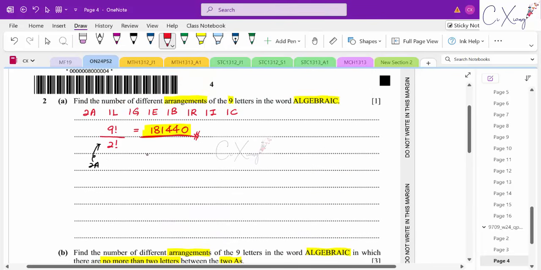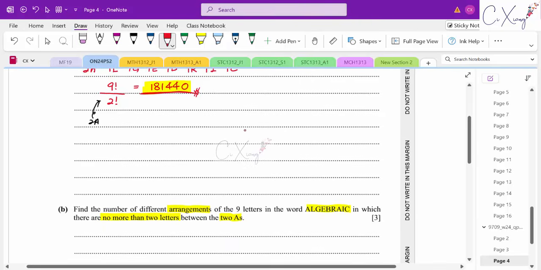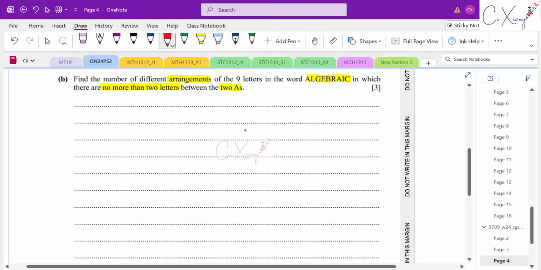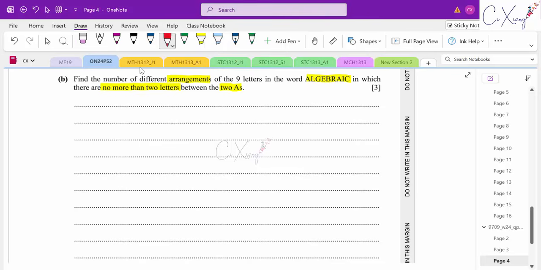Okay, so if you have a look at our letters again, we have 2 A's and all the rest of the letters are different letters. They are not identical anymore. So what we should do here is consider different cases, because no more than 2 letters means that the first case is you assume the A's have no letter between them and you bundle them together as one object or one unit.